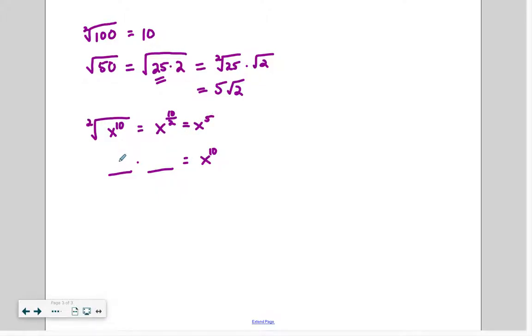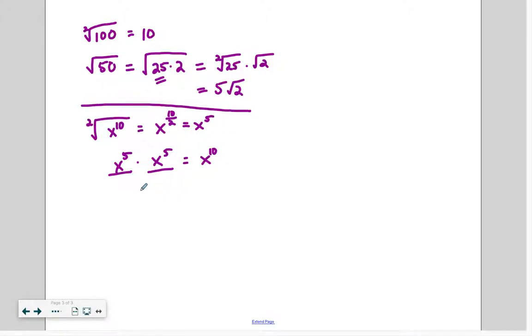Or by that basic power rule, you add the powers, so naturally you would have x to the 5th times x to the 5th. If this was a 3, you would do it 3 times. All right, cool. So that's kind of a separate example there.